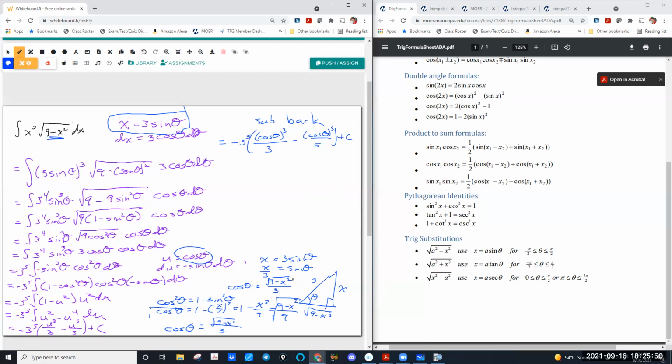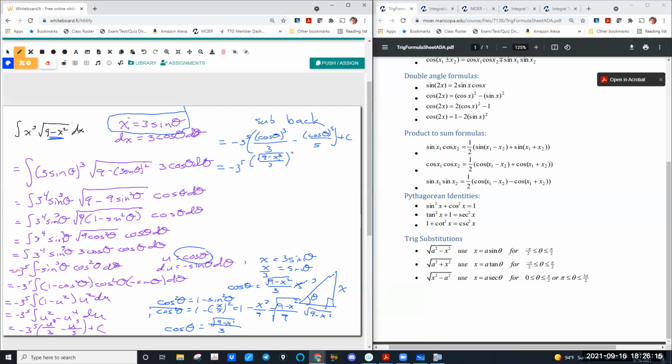It's going to be a mess, guys, but this right here has to be subbed in for the cosine up here. So we have to be a little careful. So minus 3 to the 5th. We have the square root of 9 minus x squared over 3.